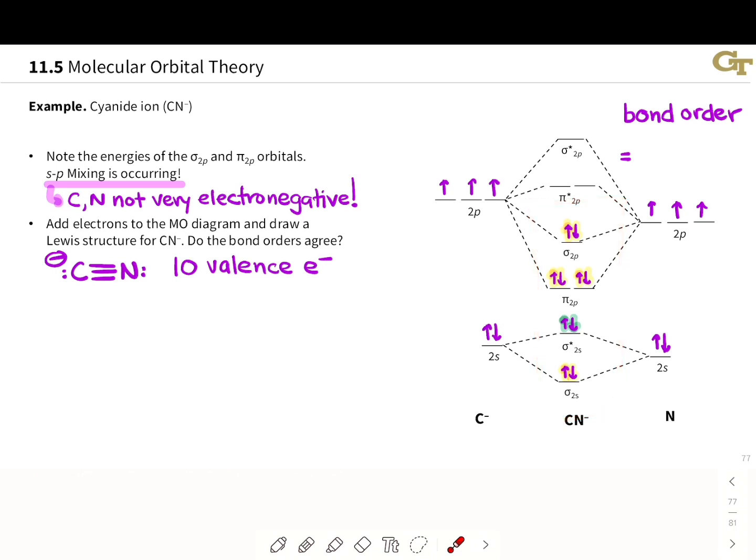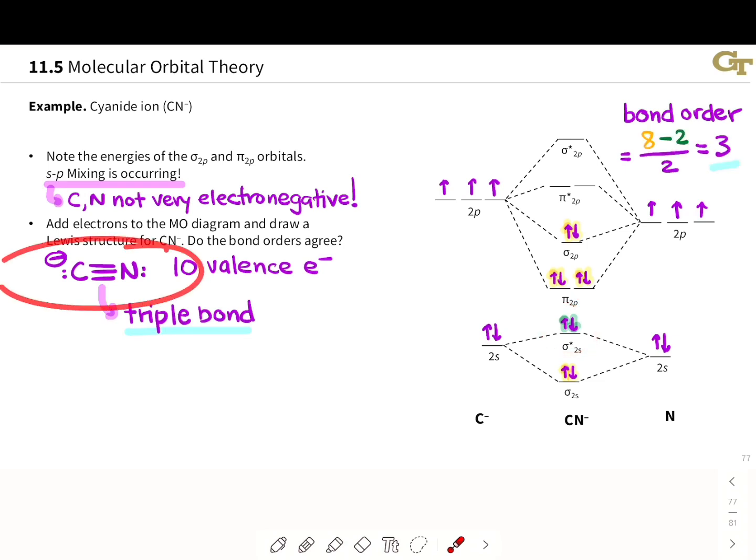So we can notice a few things from this. We've got 8 bonding electrons and 2 anti-bonding electrons. That's going to correspond to a bond order of 3, and that's exactly what we observe in the Lewis structure. Yet another instance of the best Lewis structure agreeing with the bond order implied by molecular orbital theory.